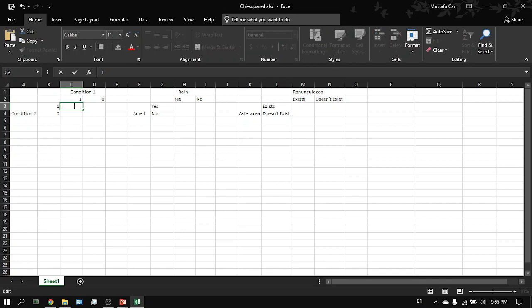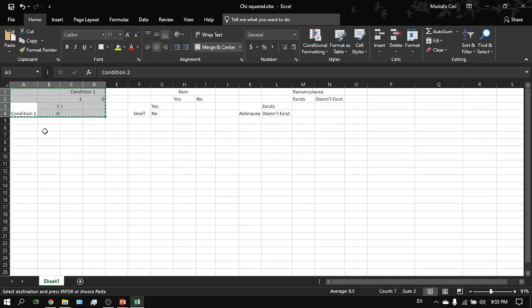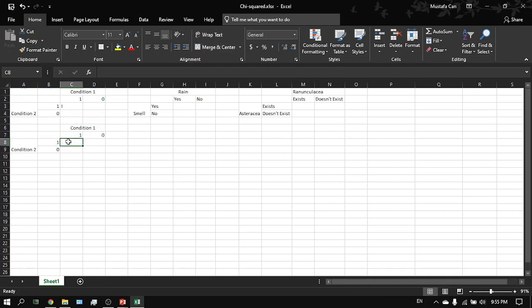If you see condition 1 and condition 2 happening together, you put a marker here. On another day or another measurement, let's copy the table here. You would have another table which is empty.